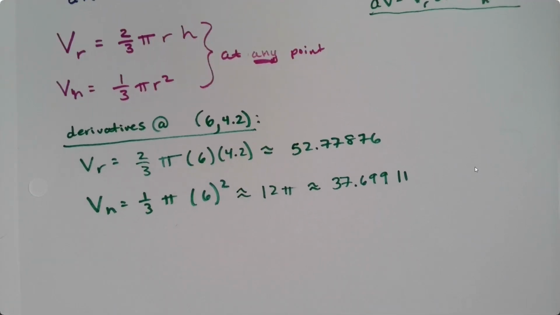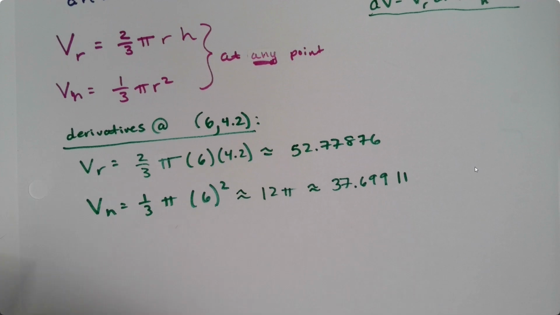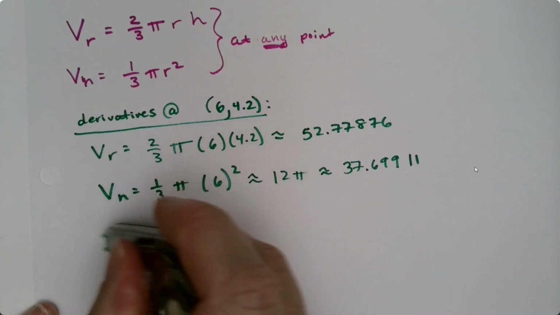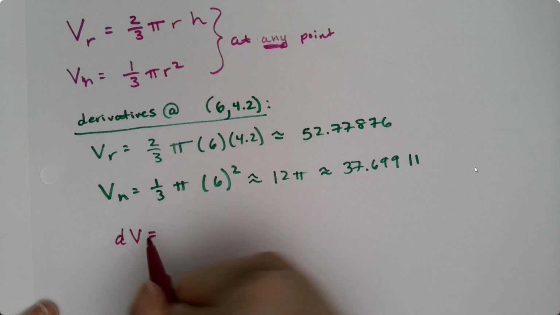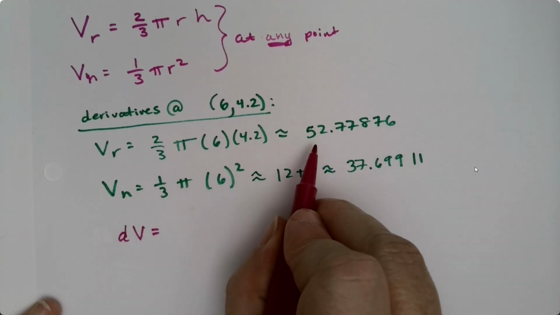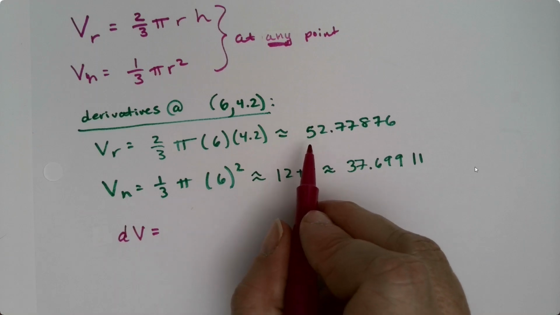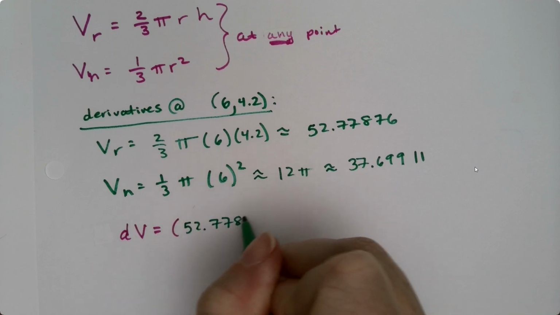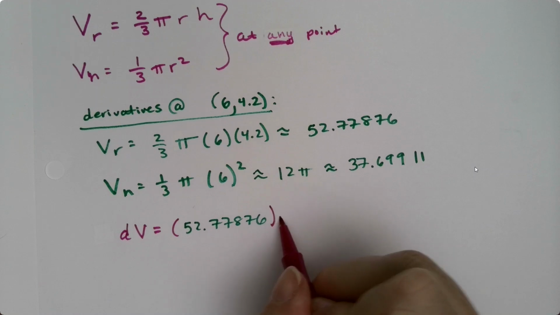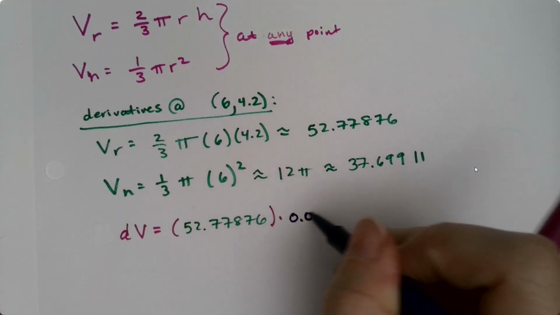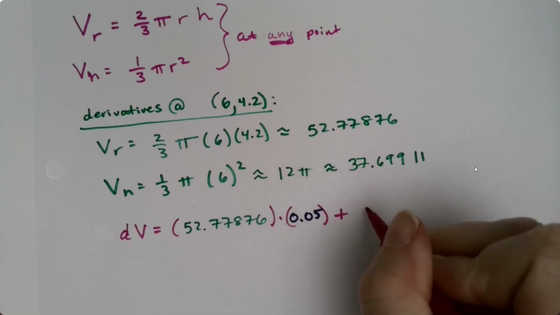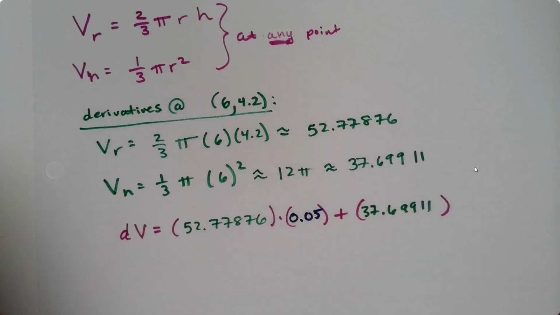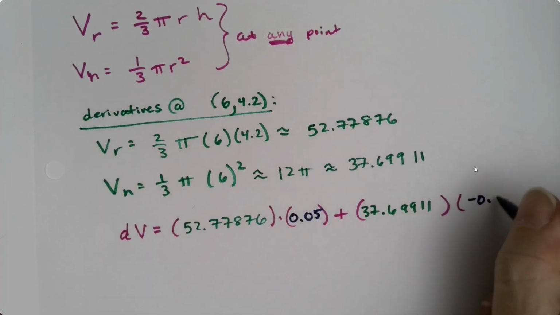Okay, so now putting it all together, the differential method. dv would be equal to this number, 52.77876, times that value up there, 0.05, plus 37.69911 times negative 0.08.